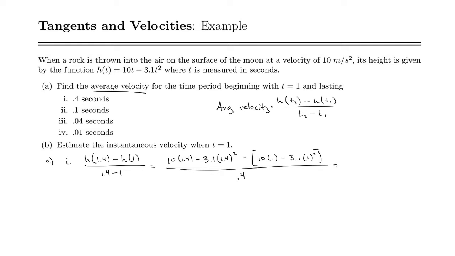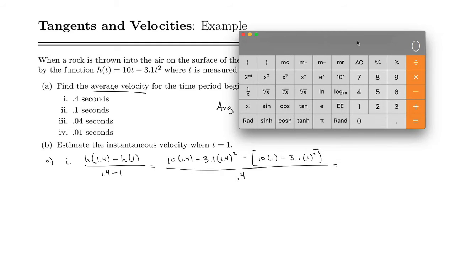Now we're going to work through this on a calculator. So we've got 10 times 1.4, which is 14, minus 3.1 times 1.4 squared. And then we have a minus a 10, and then plus a 3.1.